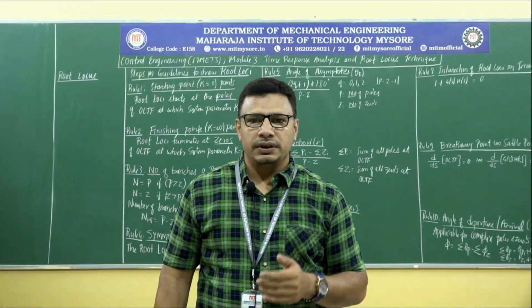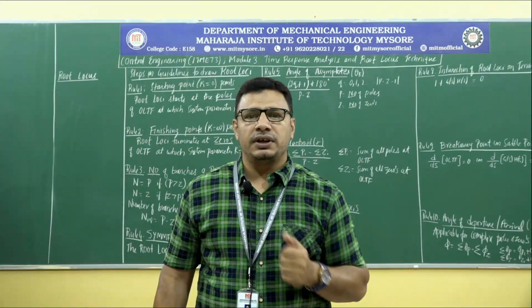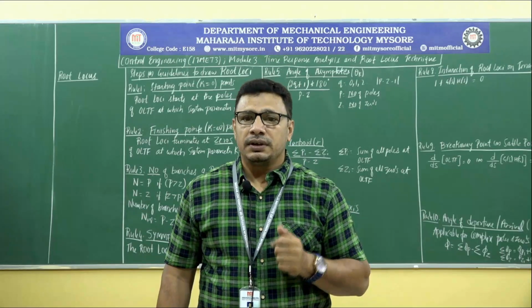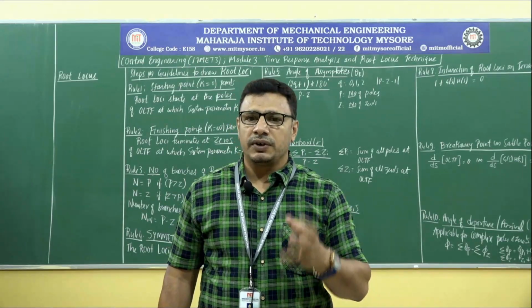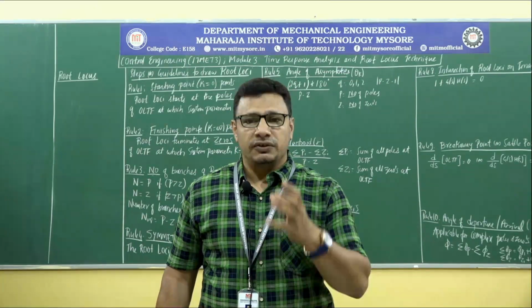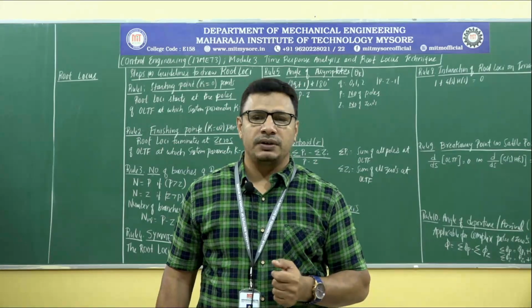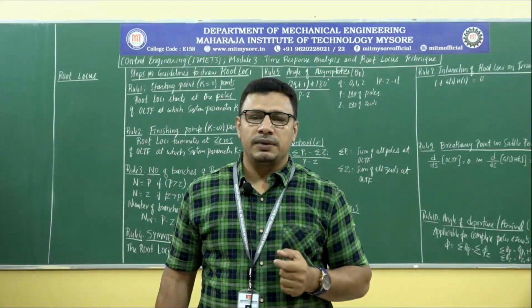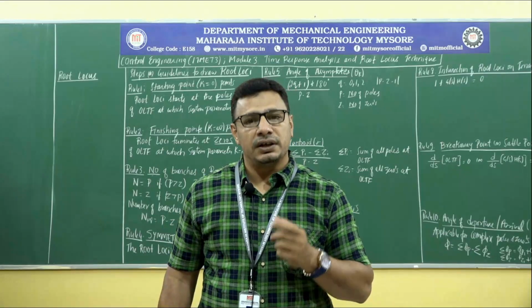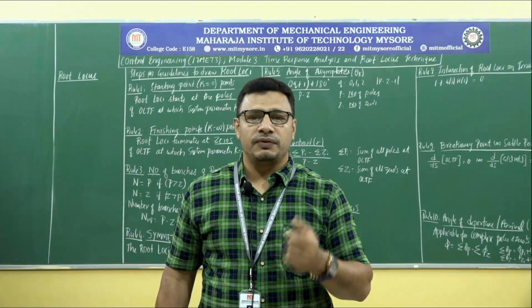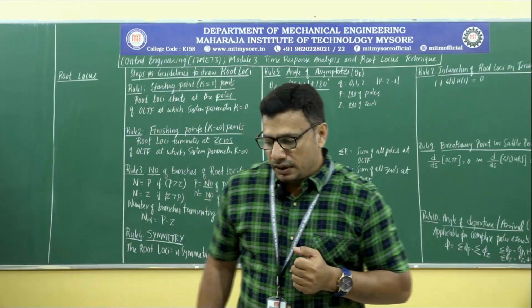What is that value? Then at what frequency does it become unstable? This information is very important from the standpoint of the design process of a control system, and we will be able to know it. That is the ultimate positive outcome from the root locus technique.